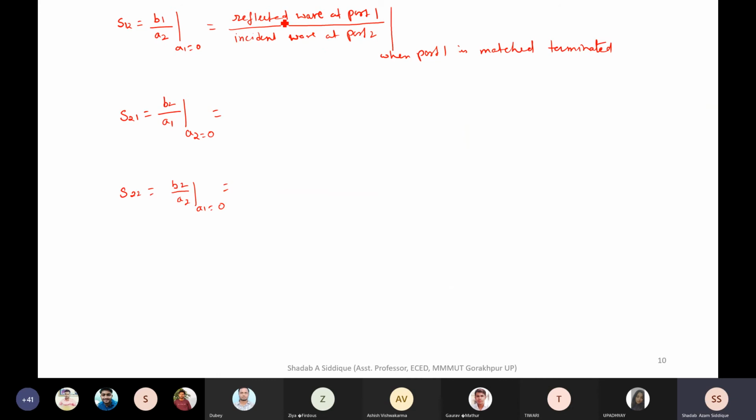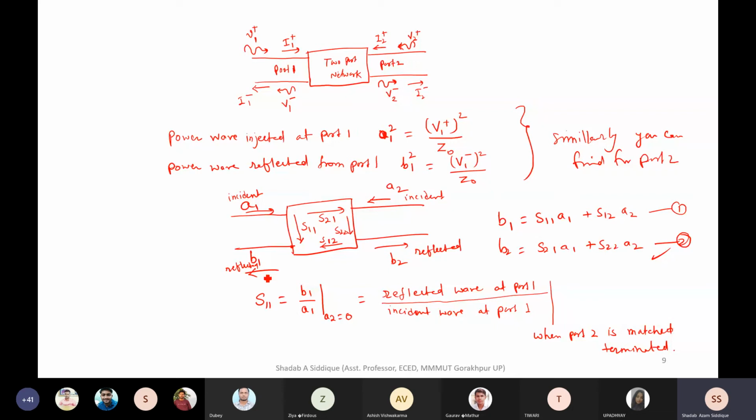So this B1 was called a reflected wave here, but this B1 is nothing but the transmitted wave at port 1. If you go for S12, you are taking incident from this side and going out from this side. So this is called a transmitted wave.